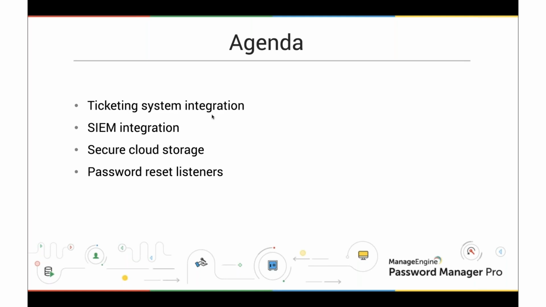And the third option is secure cloud storage, where all the passwords from Password Manager Pro can be exported and synced with your cloud storage like Dropbox, Box, and Amazon S3. We will discuss it in detail, as well as the password reset listener, which is used for executing scripts post the password reset. So this is going to be the agenda for today.